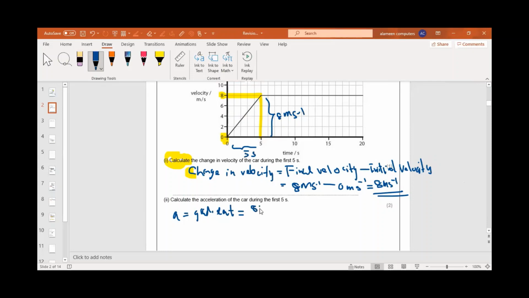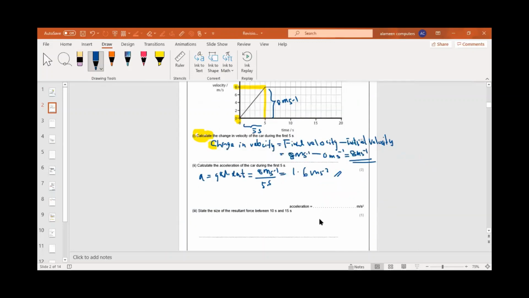So 8 meters per second divided by 5 seconds. When I divide by 5, it's 1.6 meters per second squared. 1.6 is the answer. So you write the acceleration value on the blank.